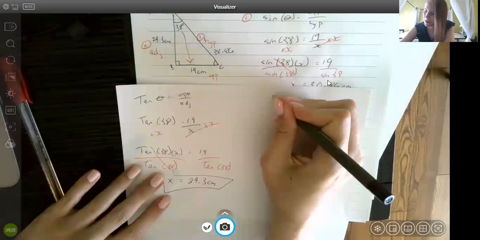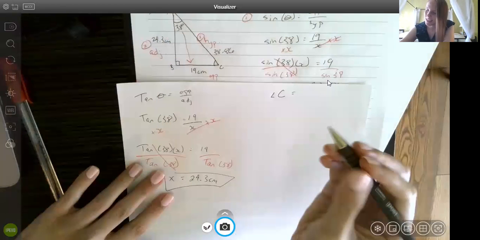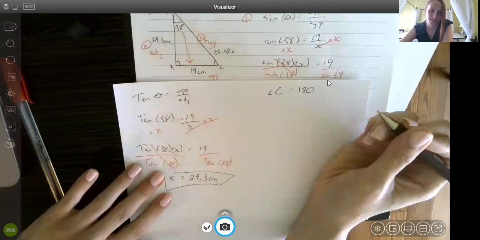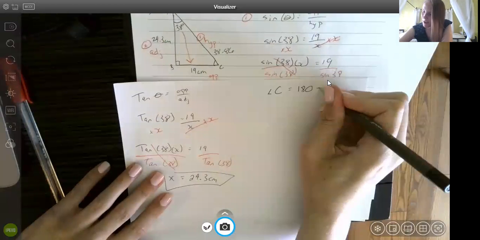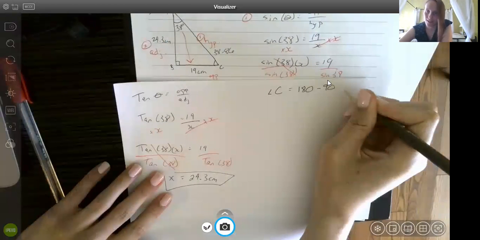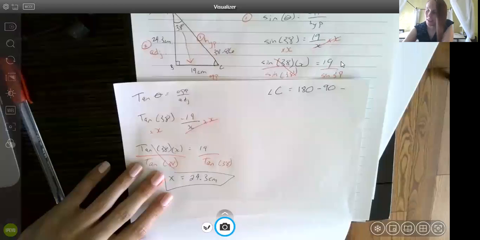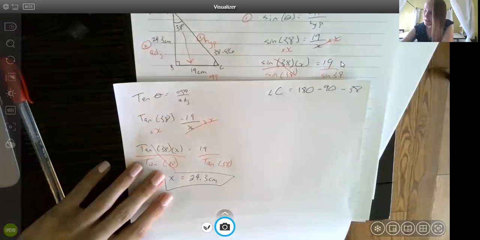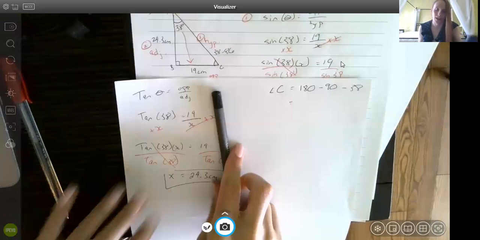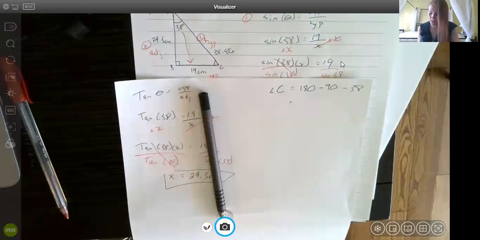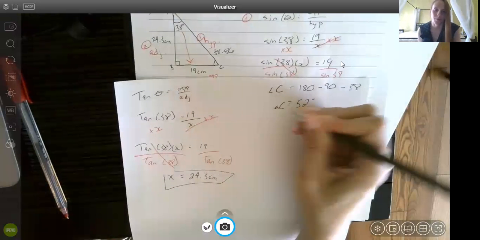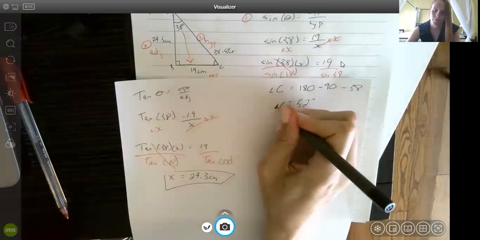The easiest way to figure out what angle C is just going to be to take 180, which is what the three angles in a triangle add up to, and subtract the two angles I know, the right angle of 90 degrees and the given angle, angle A, which was 38. If I subtract those, 180 minus 90 minus 38, I get 52 degrees. And that is what my angle C would be equal to. Sorry, that's an angle symbol.